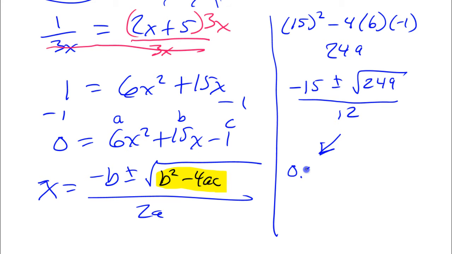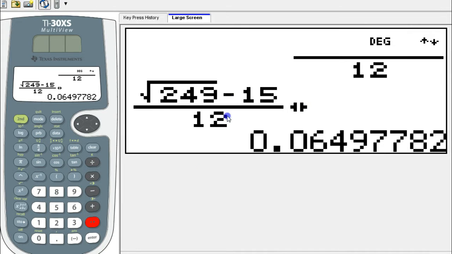So 0.065. That's one of my x values. Maybe I'll just go ahead and leave space for the y value now. Now let's find the other x value by putting in a minus.